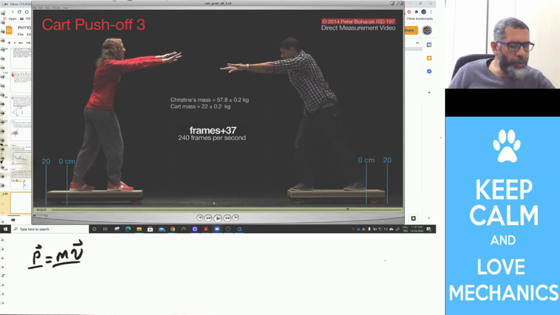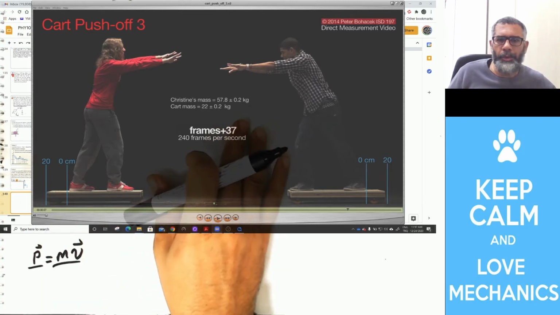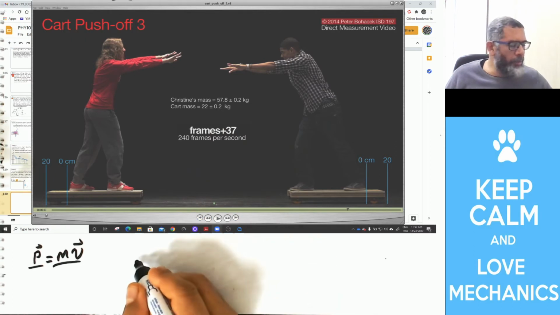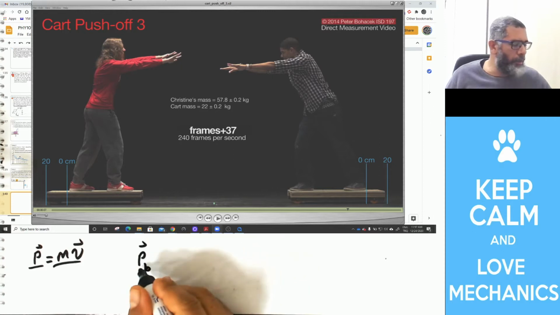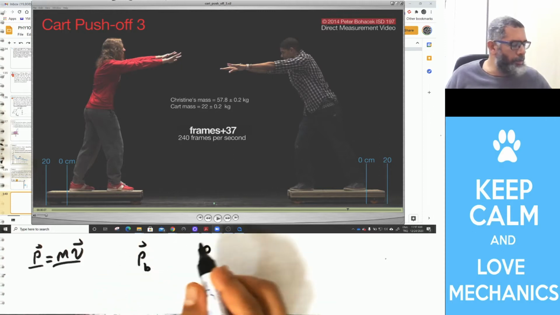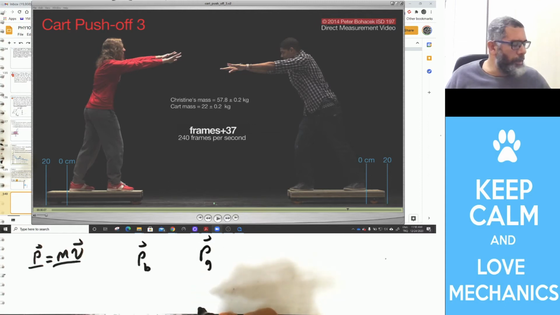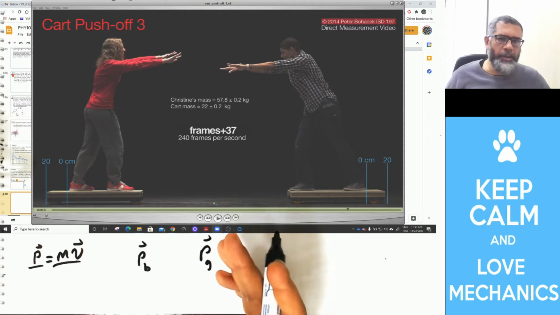There is one associated quantity attributed to your system, which is the total momentum. The boy has its own momentum, let's call this P boy, and the girl in this example has its own momentum.